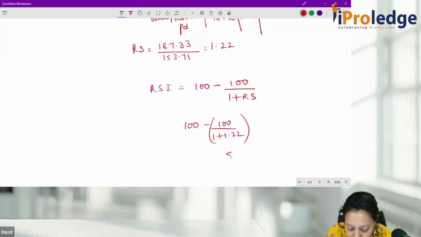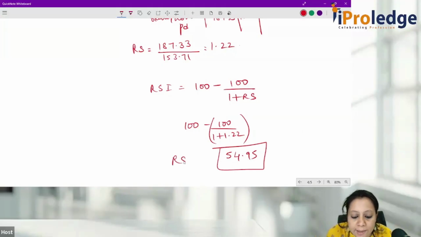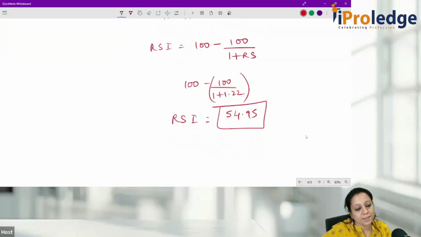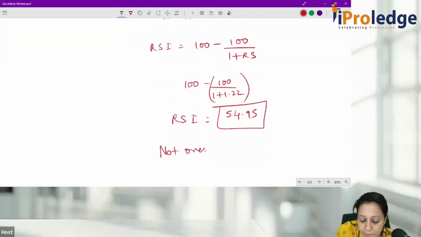We are getting 54.95. So this is the RSI, relative strength index. It is lesser than 70, so that means it is not overbought.